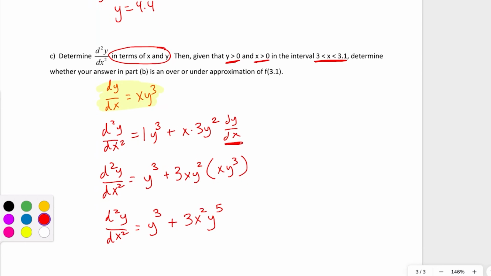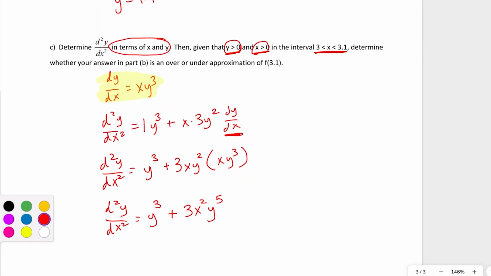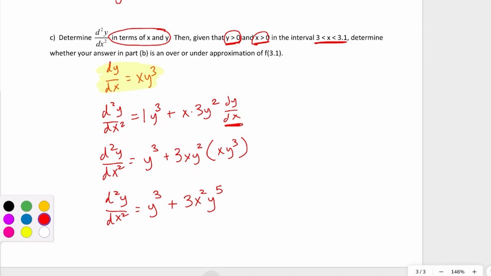Okay, now in order to determine whether our answer in part B is an over or underestimate, we need to know whether or not the second derivative is positive or negative, so we can check the concavity. Now it says that on the interval 3 to 3.1, y is positive and so is x. So looking at this equation for the second derivative, y cubed is going to be positive, x squared y to the 5th, but all those are positive numbers.